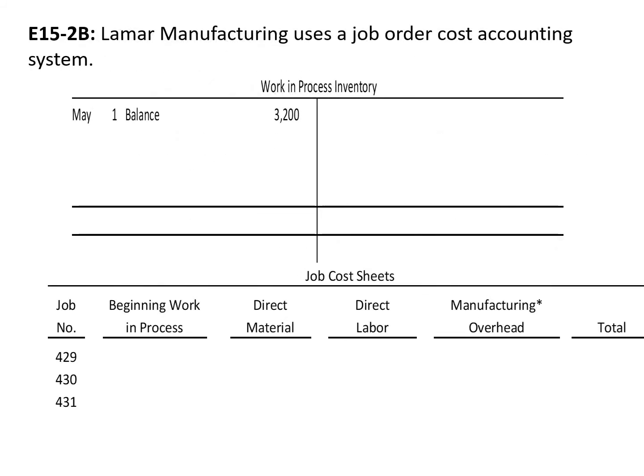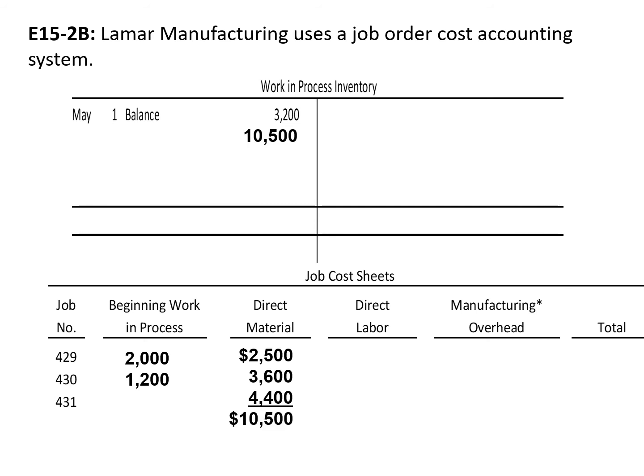Right, we began the accounting period with a balance of $3,200. We were told that $2,000 of that was assigned to job 429, and $1,200 was to job 430. We also know that we had direct materials of $10,500, of which $2,500 belongs to 429, $3,600 job 430, and $4,400 for job 431.